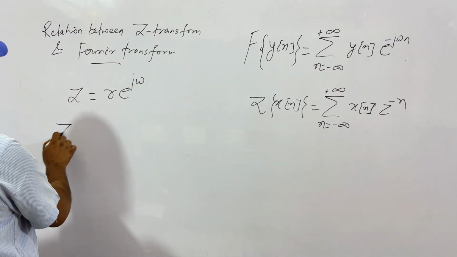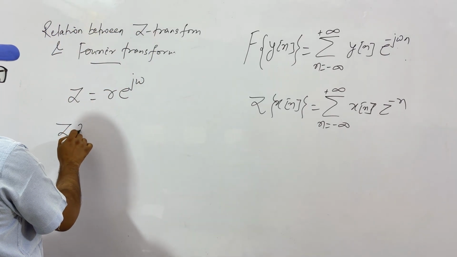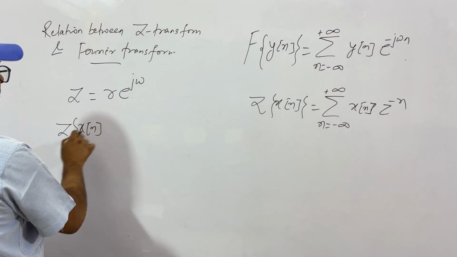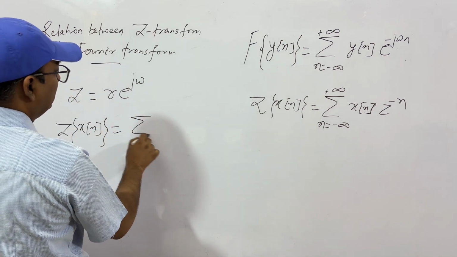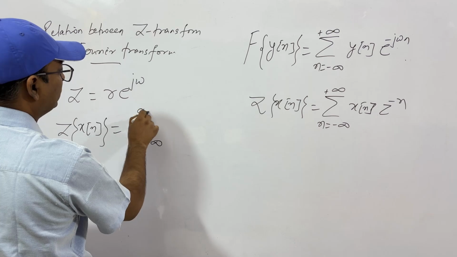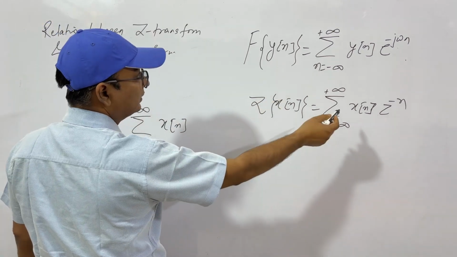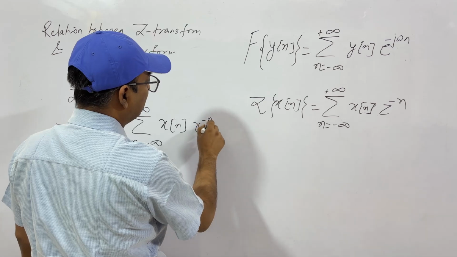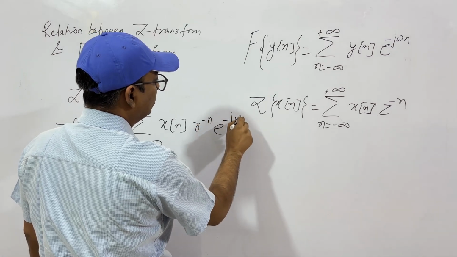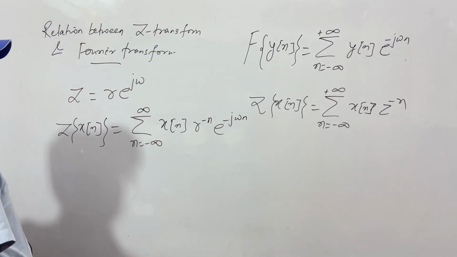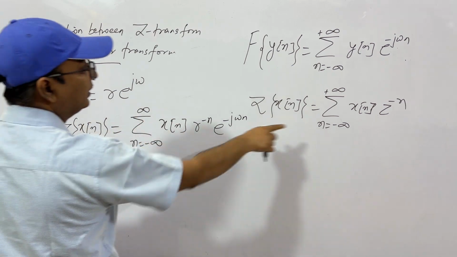So if you take the Z transform of x[n] and put the value of z, what will you get? It will be the sum from n equal to minus infinity to infinity of x[n], and then z to the power minus n, that is r to the power minus n, e to the power minus j omega n. Okay, I have put this value in this equation.